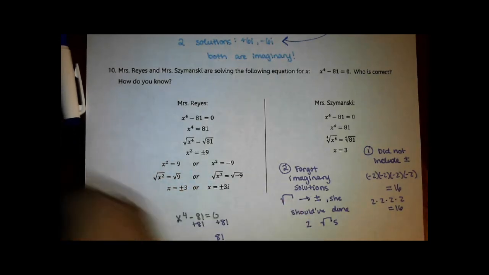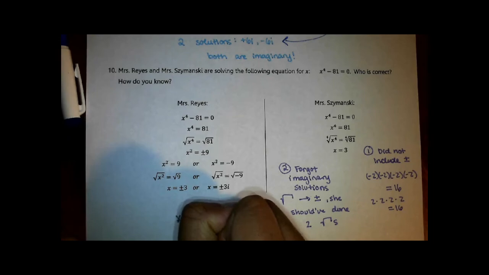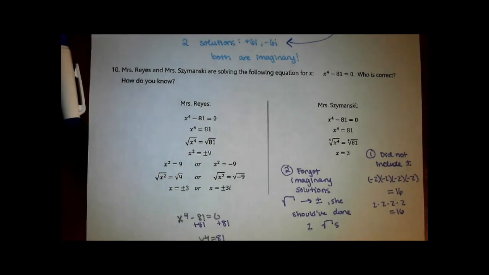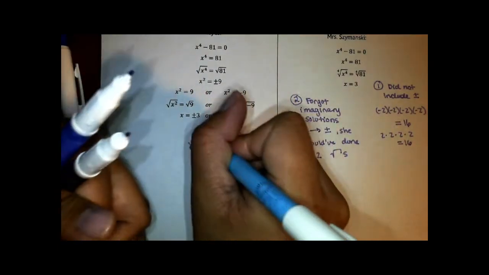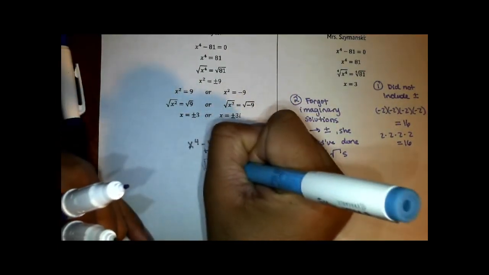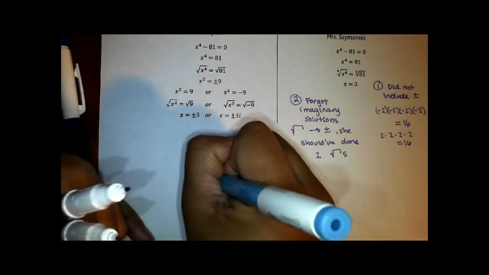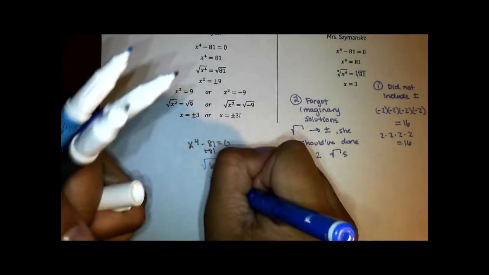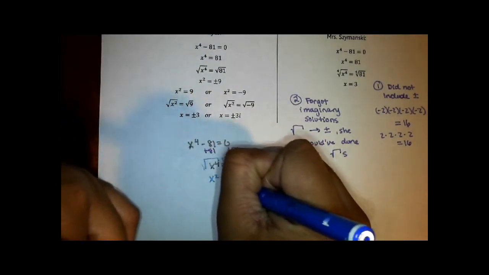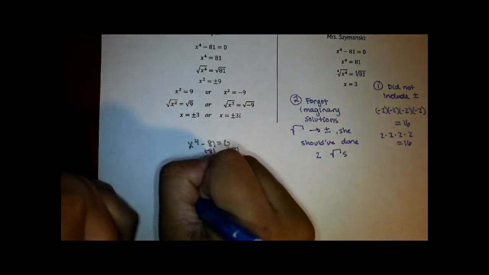Oh, and y'all probably can't see that. There we go. And then from here, of course, we're going to square root, and we'll get x squared equals plus or minus 9. Split that into 2 equations, just like Miss Reyes did. Miss Reyes has been right the whole time.